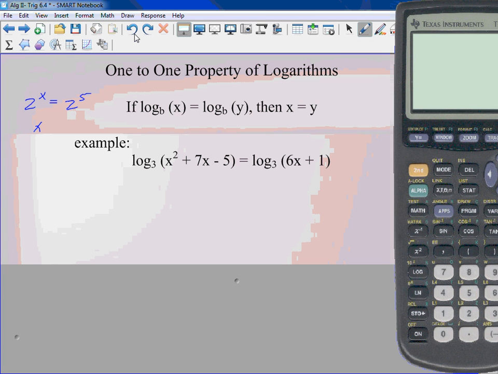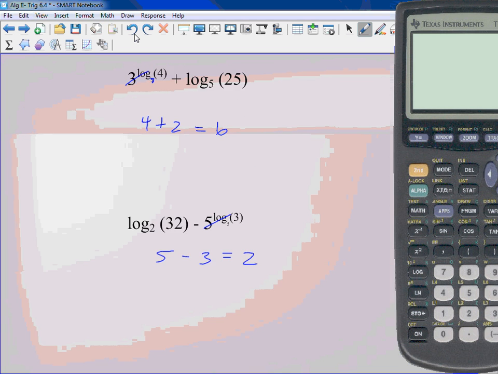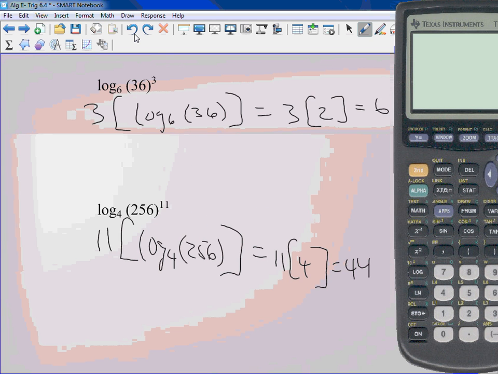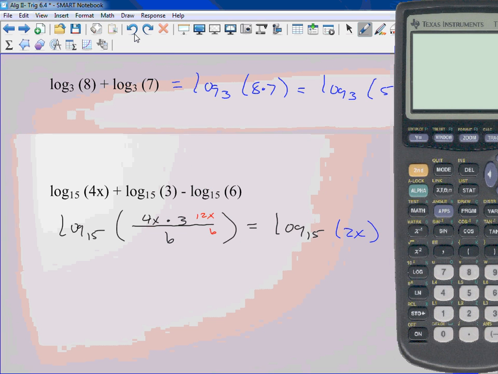For example, I have log base 3 of x squared plus 7x minus 5 equals log base 3 of 6x plus 1. This is where you have to be careful. If you just have log base 15 of 4x, log base 15 of 3, log base 15 of 6, because it's addition, you have to multiply, subtraction, you have to divide.